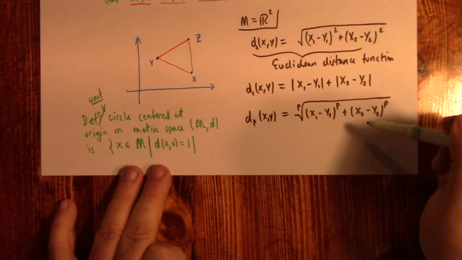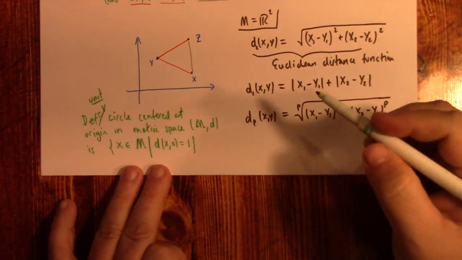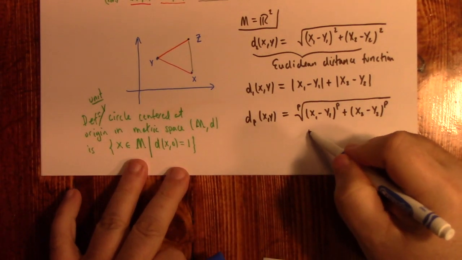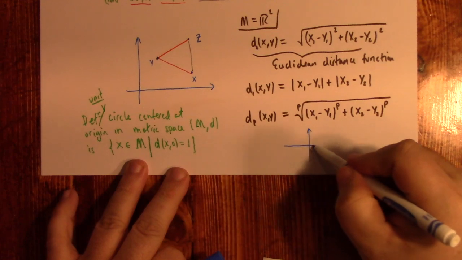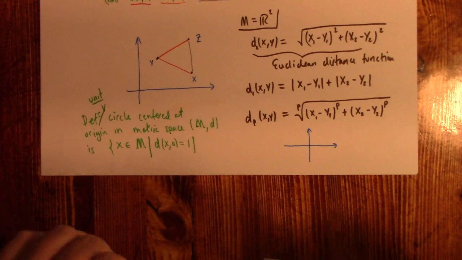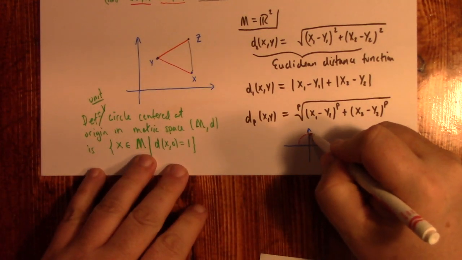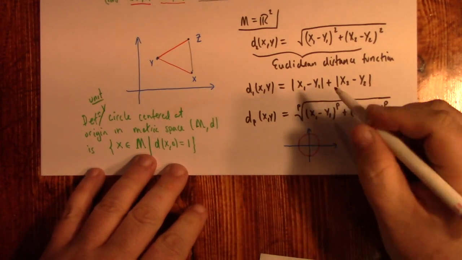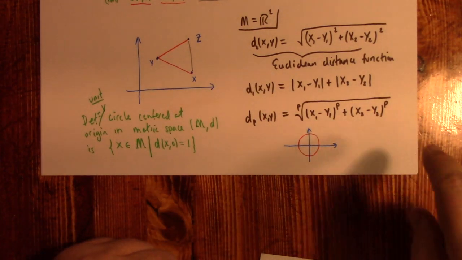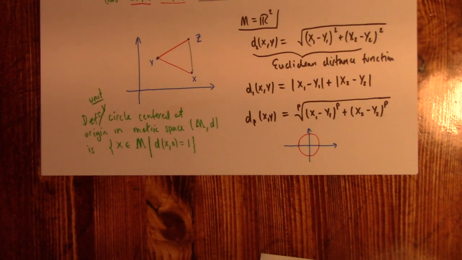You get different shapes for these different cases. Of course, the regular circle is the Euclidean circle, the set of points whose sum of squares is 1. But if you look at the 1 circle, oof, this marker is toast.